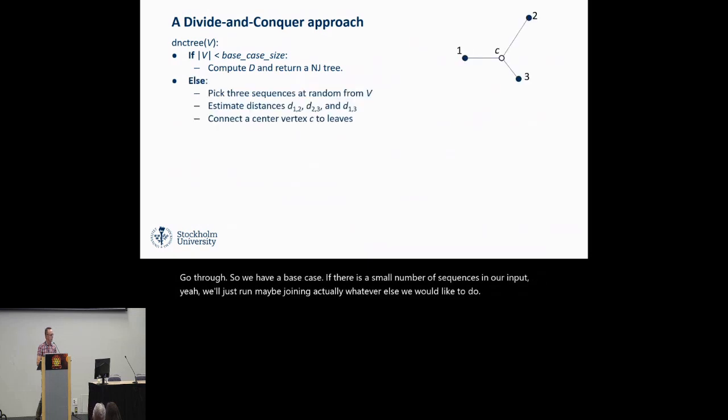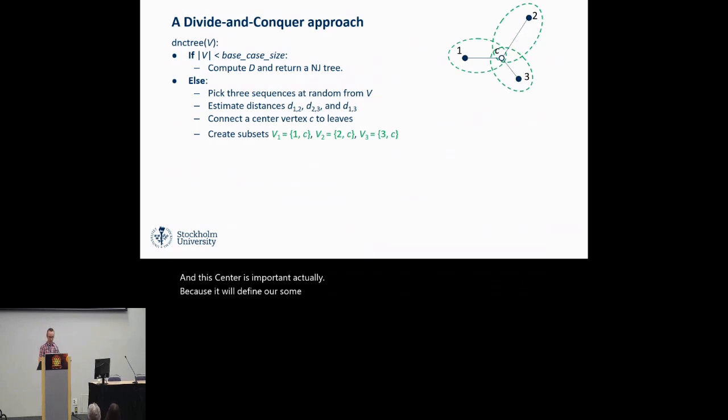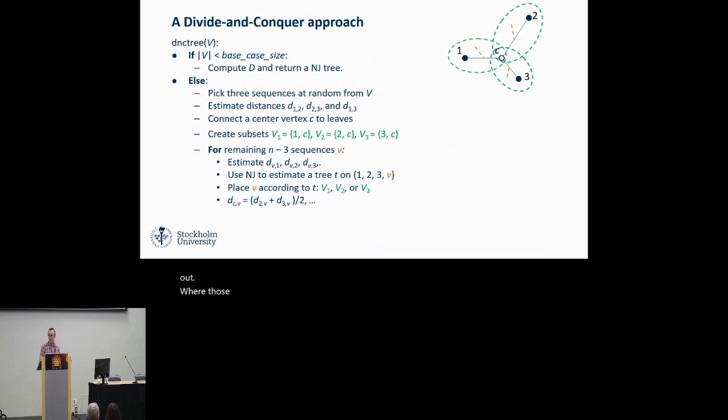But if it's larger than that, I'm going to pick 3 sequences randomly from the input, create a tree on them and pick a center. This center is important, because it will define our subsets. Now, when we have this initialized, we'll go through all the other sequences to figure out where they belong. What are their best friends in this trivial tree of 3 sequences?